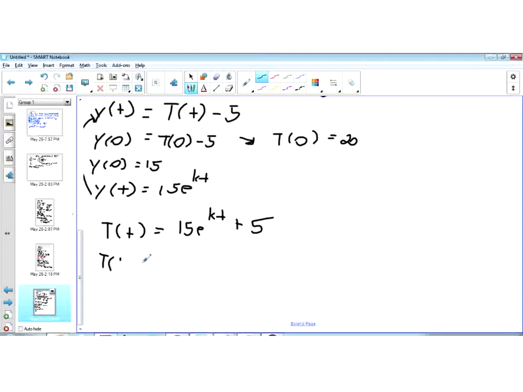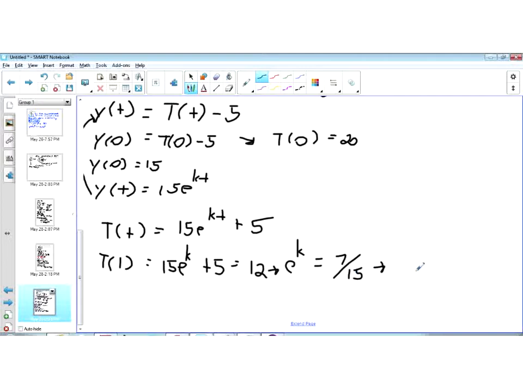So after 1 minute, the thermometer will read 15 times e to the k, with t equal to 1, plus 5. And that is equal to 12. Okay, and so we have e to the k equal to, solving, that would be 7/15, right?